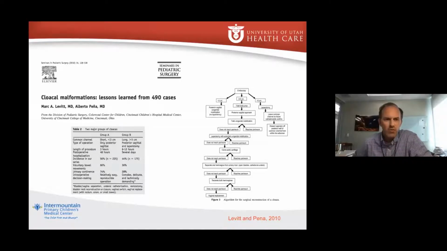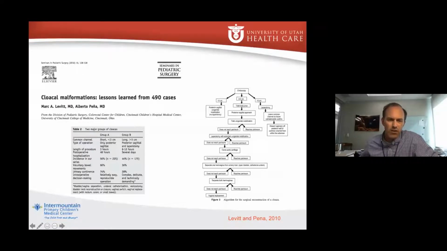So this was a paper from 2010 from Dr. Pena and Dr. Levitt on lessons learned from nearly 500 cases of cloaca. They had two different groups. They had group A with a short common channel, and group B were the longer common channel.